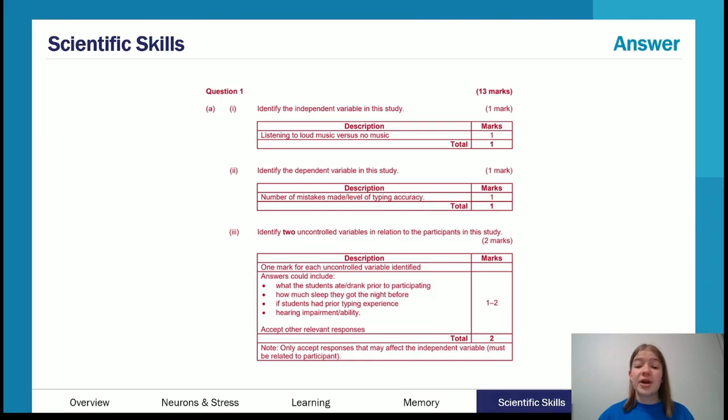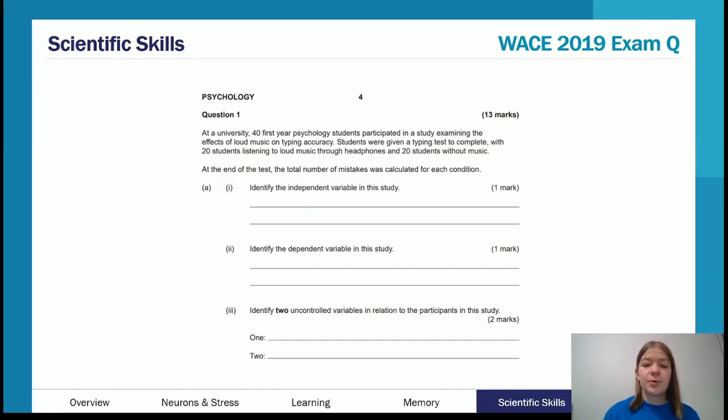Or if students had prior typing experience, hearing impairment or ability, or other relevant responses. So only accept responses that could affect that variable. You'll see here, none of these were explicitly listed in there. If you were told something like students were matched based on criteria, then you wouldn't identify that as an uncontrolled variable.